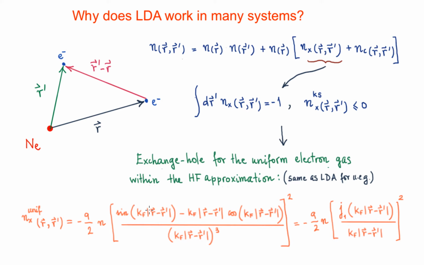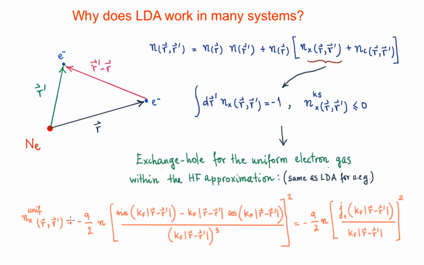Besides that, the maximum is located at the point where r prime is the same as r. So when the second electron is located at the same point as the reference electron, r prime is going to be the same as r, then that's going to be 0, and because of this denominator, you plot that function here.